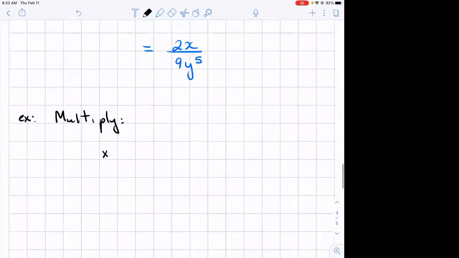So if we have x minus 3 divided by x squared minus 4 times x plus 2 over x squared minus 6x plus 9.